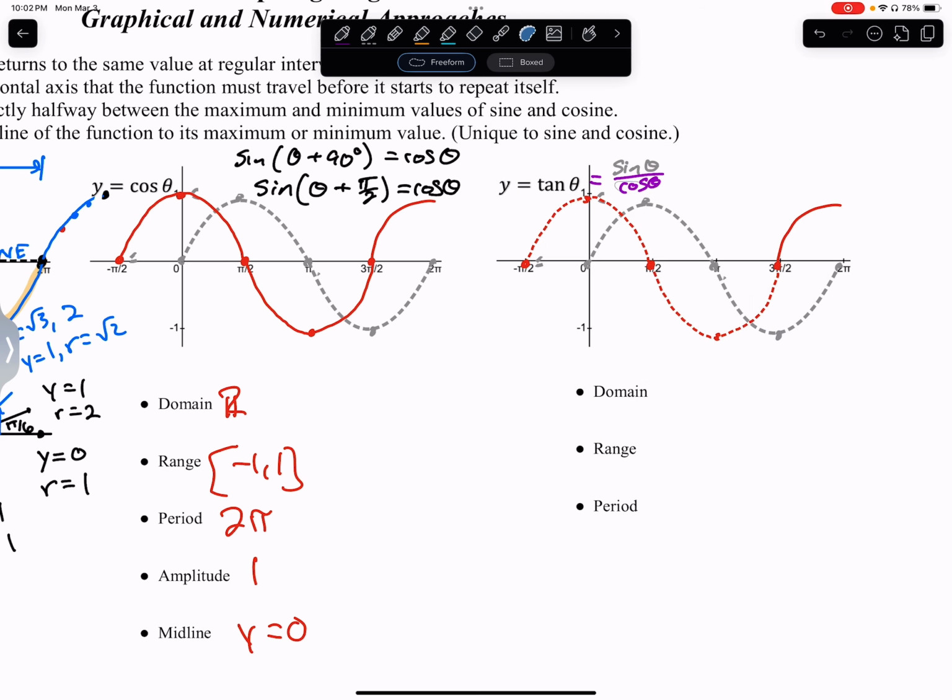Let's pick out some key points so we can figure out what this looks like. Let's start here. If I take 0 divided by 1, I'm going to get 0. So I know that tangent of 0 is 0. Let's pick this point right here, which ends up being pi over 4.